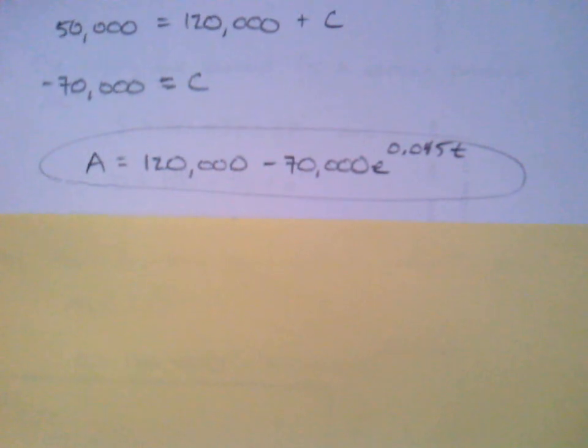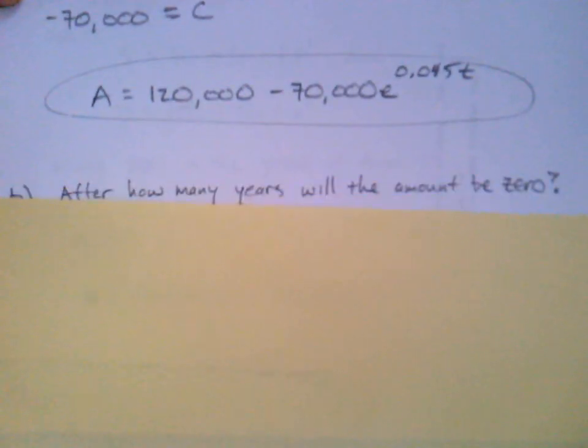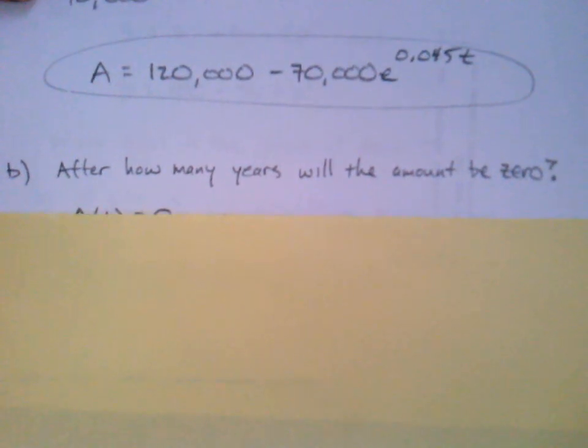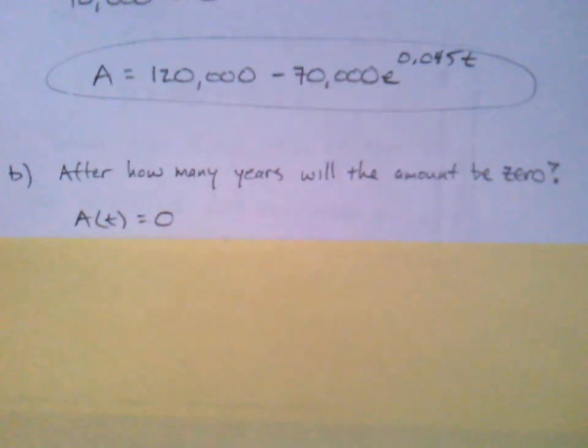Okay, there's a follow-up part to this. This would probably be really good to know for whoever's annuity this is. After how many years will the amount in the account be zero? How many years can they withdraw this $5,400 before it's gone? There's no money left.